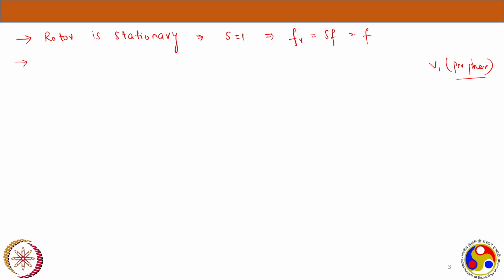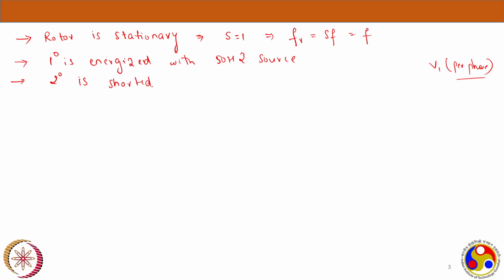So how does the circuit look now? I'm just writing the points. The rotor is stationary and the primary is energized with a 50 hertz source. Primary means this stator circuit, and the secondary is shorted.